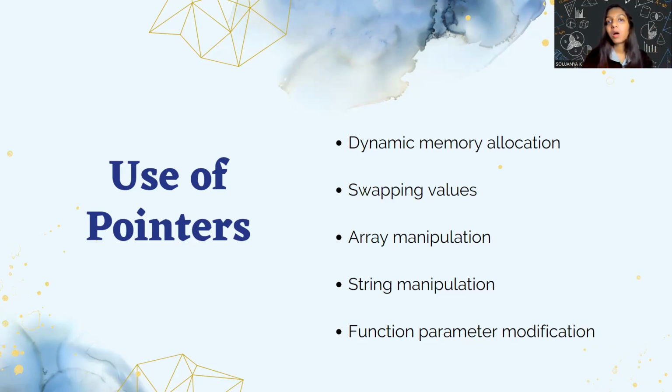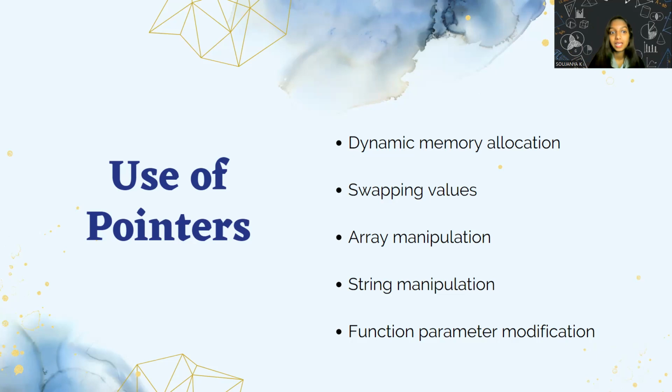To avoid that, dynamic memory allocation is followed, and to do dynamic memory allocation, we use pointers. And then swapping values. There are 2 variables x and y, and you swap the values. Like x's value will be in y and y's value will be in x. That is swapping values.